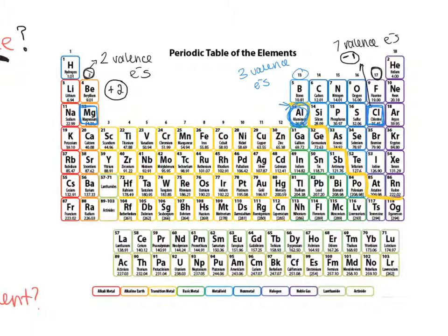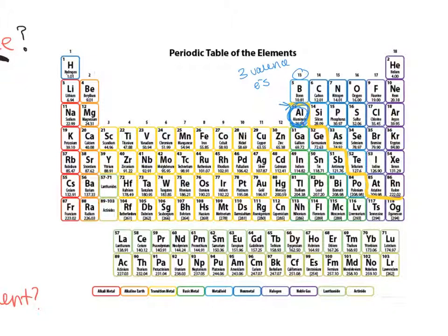Let's erase all our other stuff here, because we're not looking at magnesium anymore. So 3 valence electrons for aluminum, and then we have oxygen here, which is in group 16, so it has 6 valence electrons.